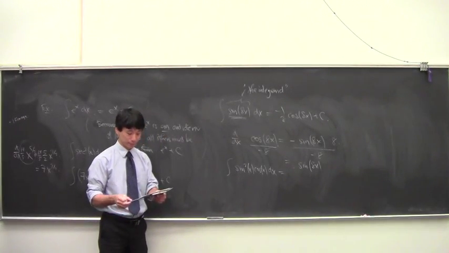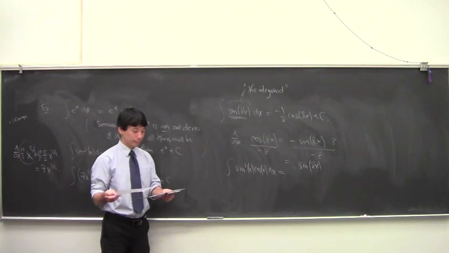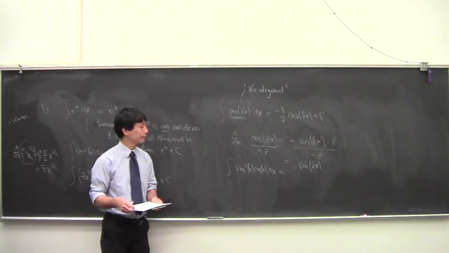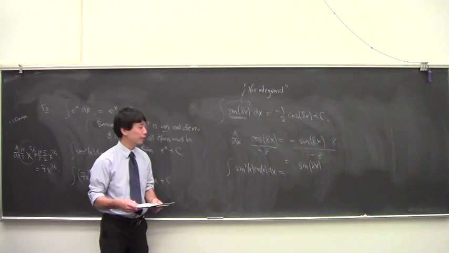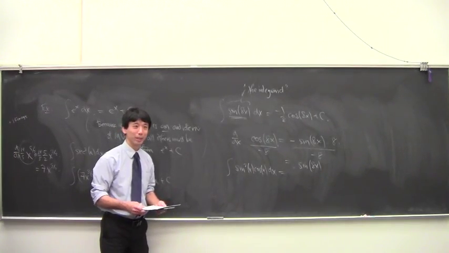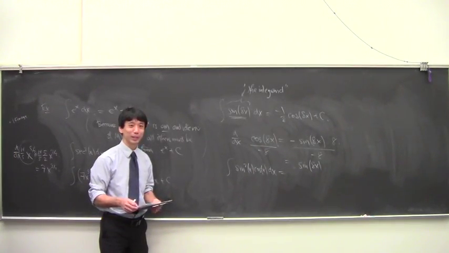So make a guess. Later on, we'll give you a more systematic method than making a guess and then fixing it up. But for now, just make guesses and fix them up.